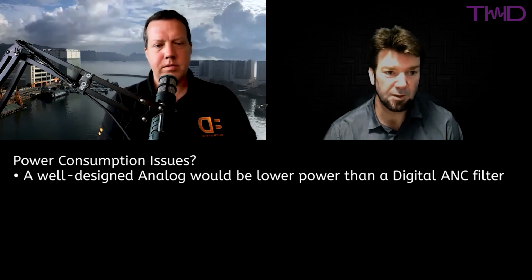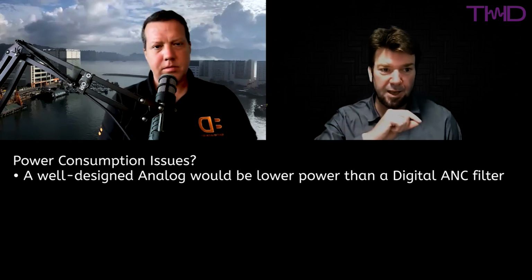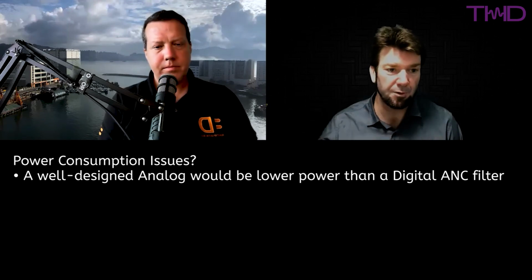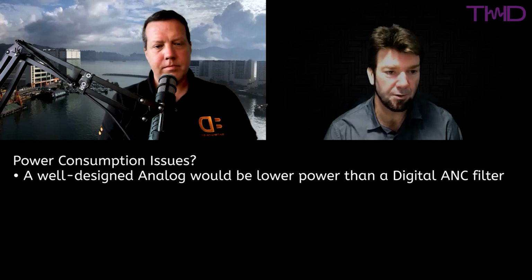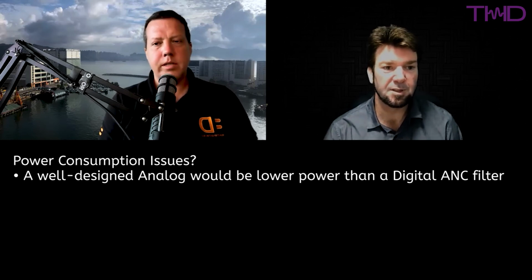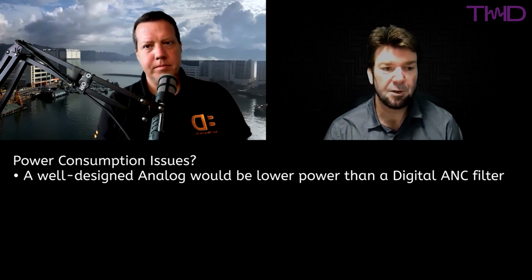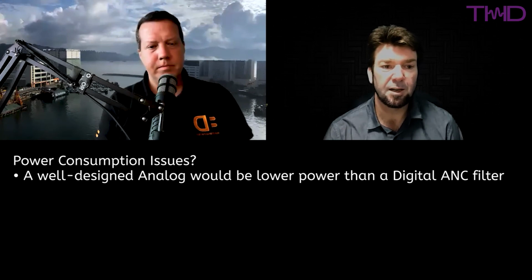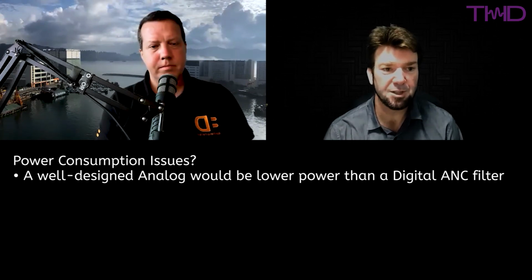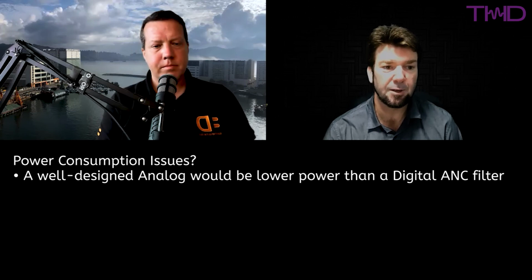You have to be well designed so that the amount of current you're actually putting through the filter is very low. If you did it poorly, you could use a lot of power. But if you did it very well, you can use much less power on an analog because you don't have to do any calculations and you have just a tiny amount of power going through the op amps and so on.